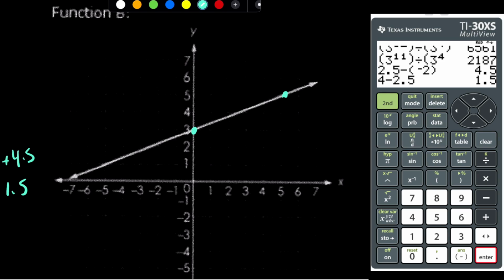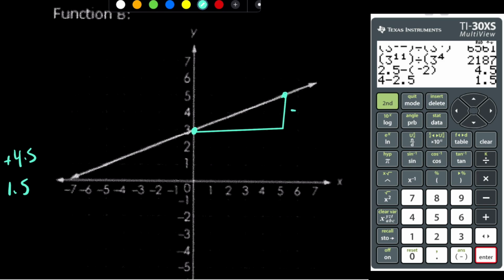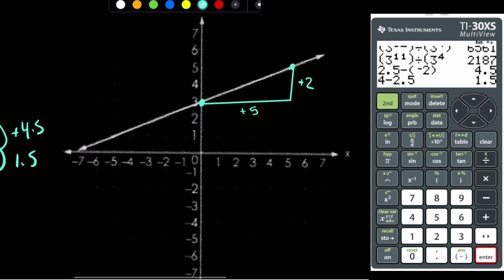So you would go rise over run. Okay. Draw your line. 5, 5. That would be an increase of 2. An increase of 5. So your slope would be 2 over 5 or 0.4.